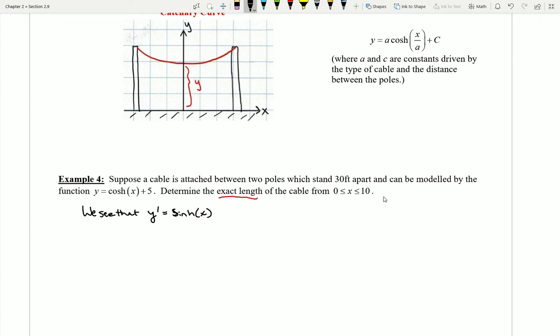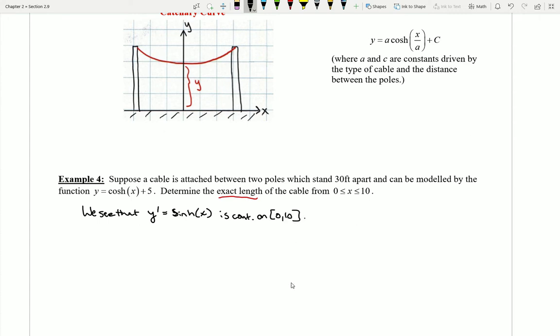If we were to go all the way back to the pictures that we had for hyperbolic sine, we were able to see that, yeah, that definitely was a continuous function. At least it appeared to be one. And when we looked at the formula for hyperbolic sine, we saw that it was built from continuous functions. So very, very clearly, this is going to be continuous on the interval from 0 to 10.